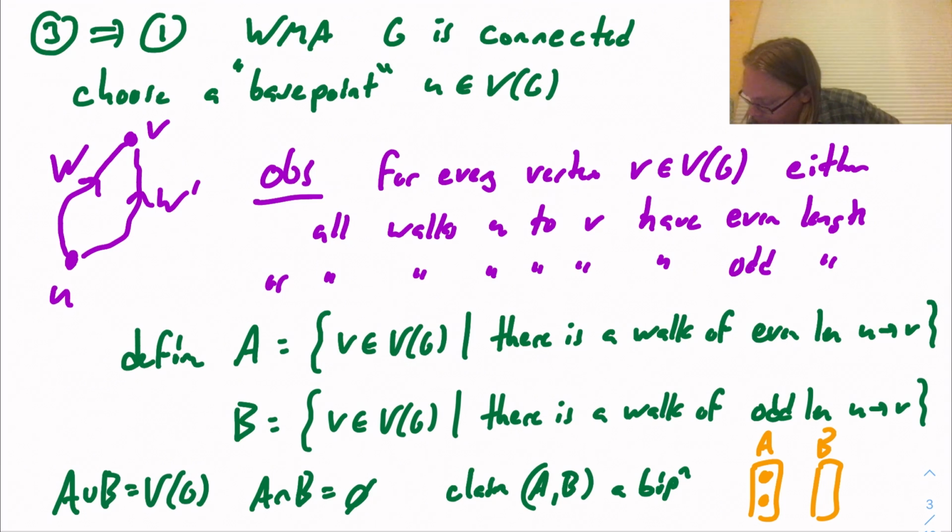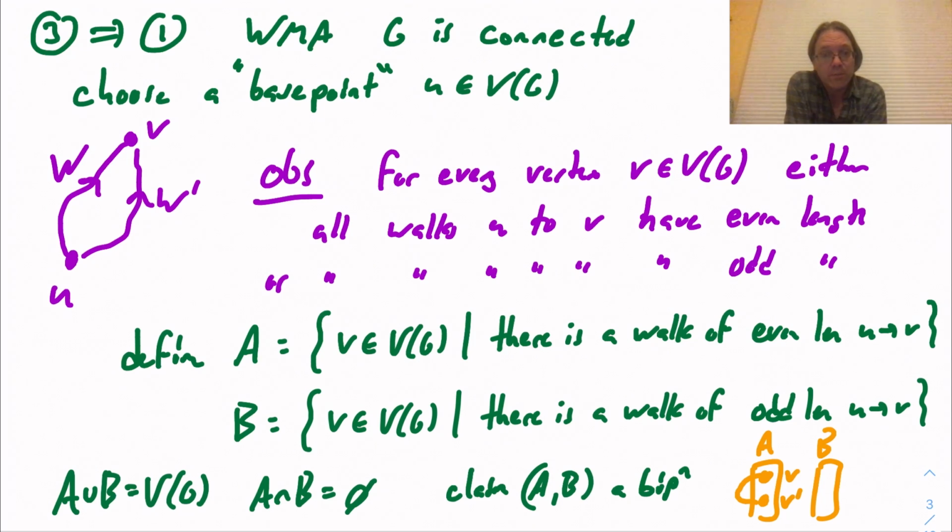Here's our edge. Suppose there's a violation. Suppose there's some edge of our graph that has both ends in the set A. Well, if that happens, what's going on? I've got two vertices, say V and V prime, and they're both in A, and there's an edge between them. What does it mean to be in the set A?